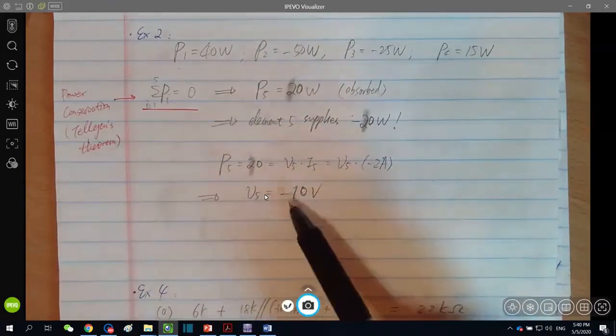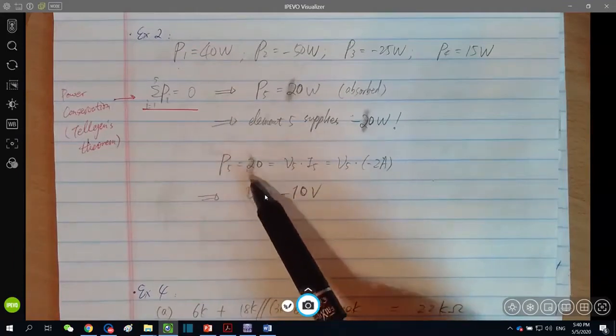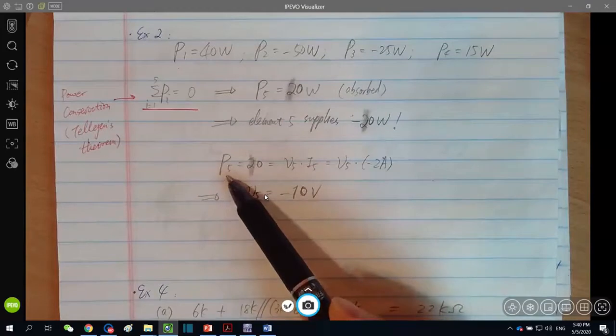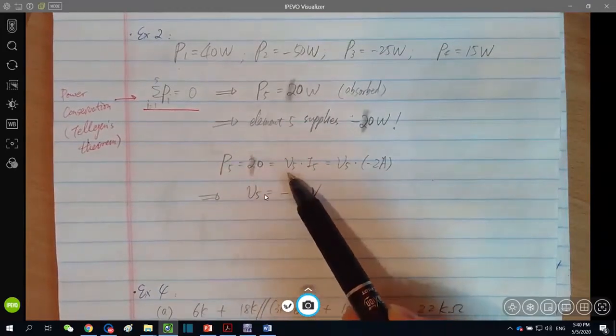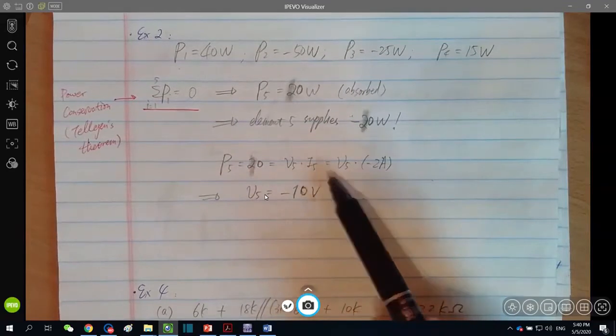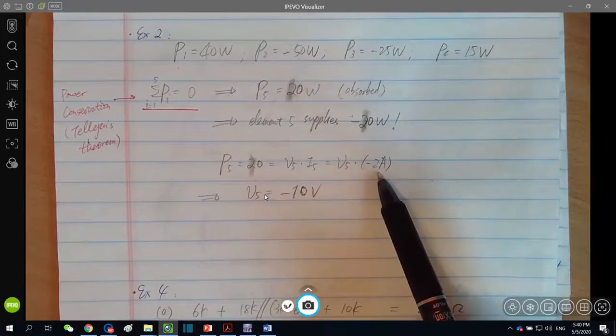And also looking for the voltage across the 5. What we should notice is how to find the voltage. The power 20 watt positive is equals to V5 times I5. Right? I5 is given as negative 2 ampere, and also be careful the passive convention.